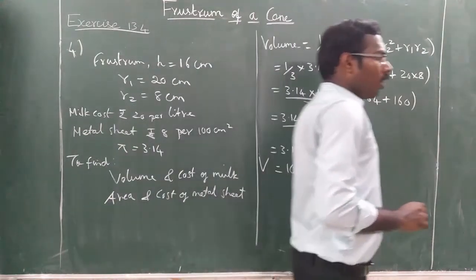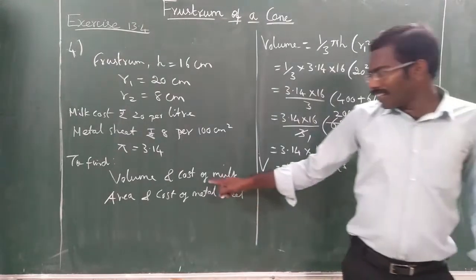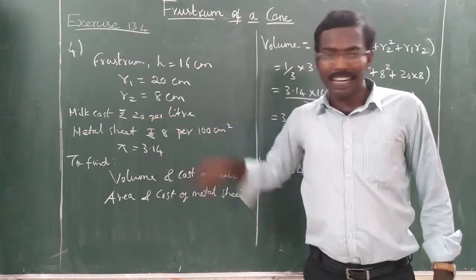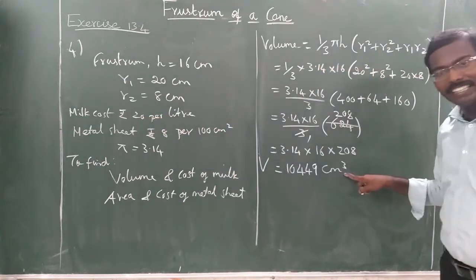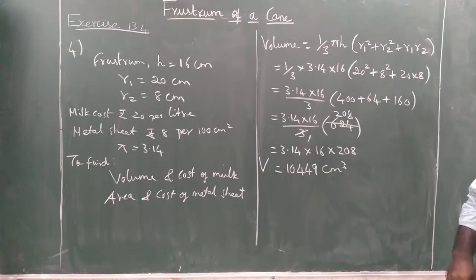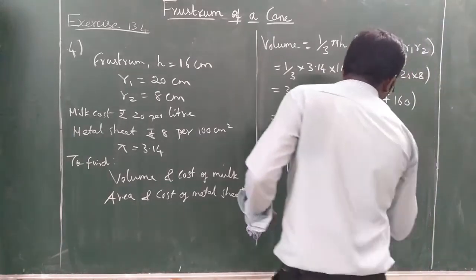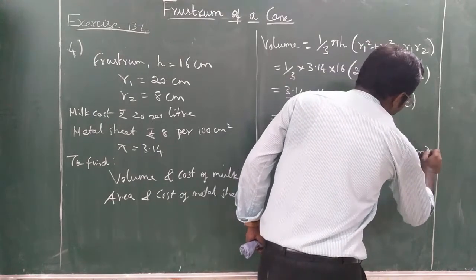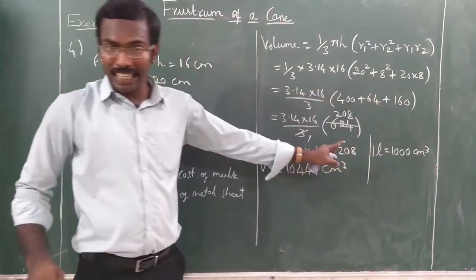Now they ask you to find the cost of the milk, and they have given ₹20 per liter. So you have to convert this centimeter cube into liter. How will you convert? So listen, 1 liter is equal to 1000 centimeter cube. This is the relation.